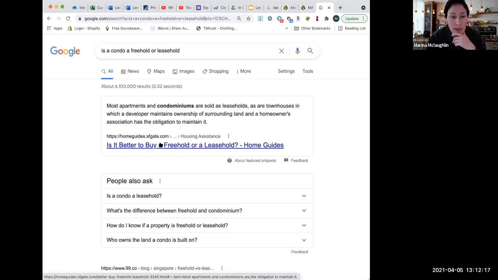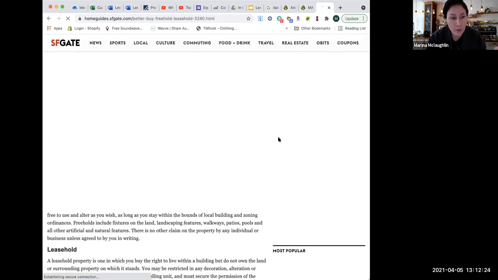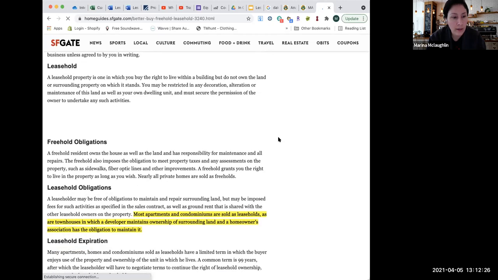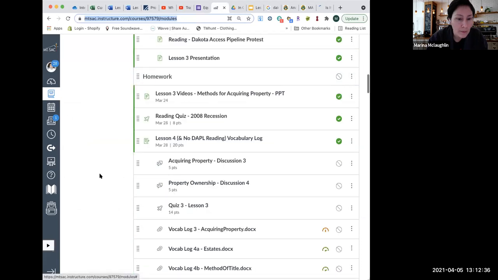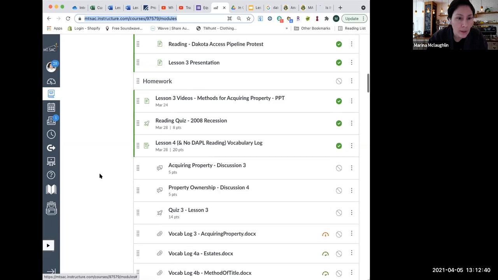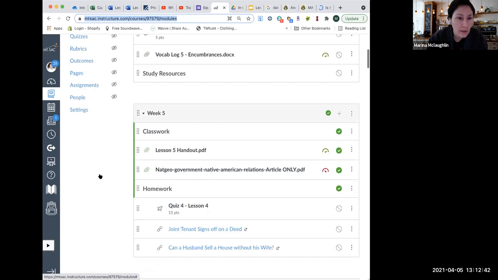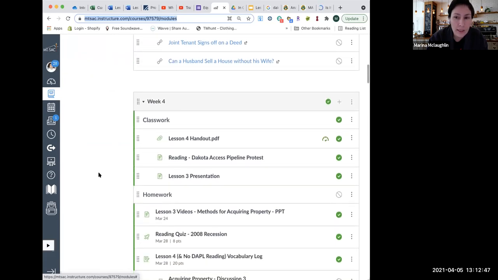I like it, sfgate.com. I'm going to put the link to this very short article on our Canvas, so if you are interested in reading a little bit more, you can. Let me see, do I have it in there already? We're on lesson 4, right?